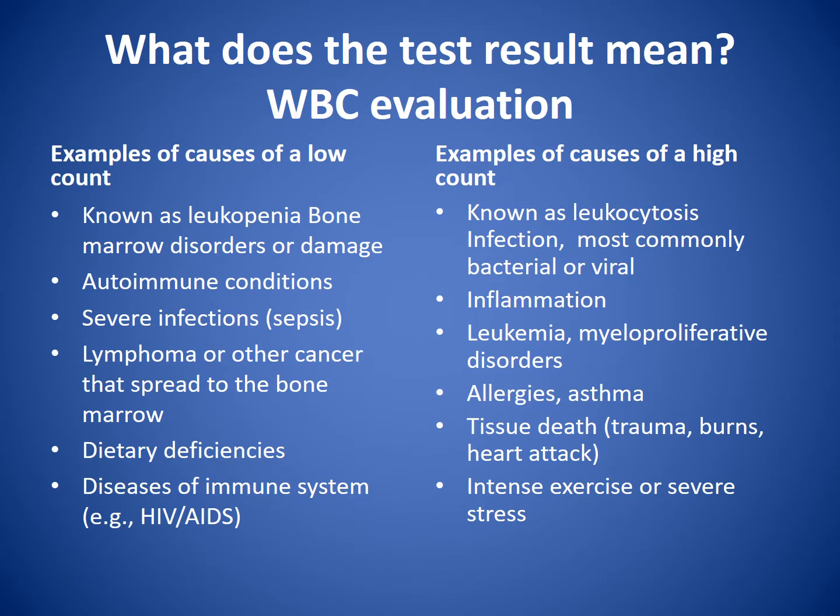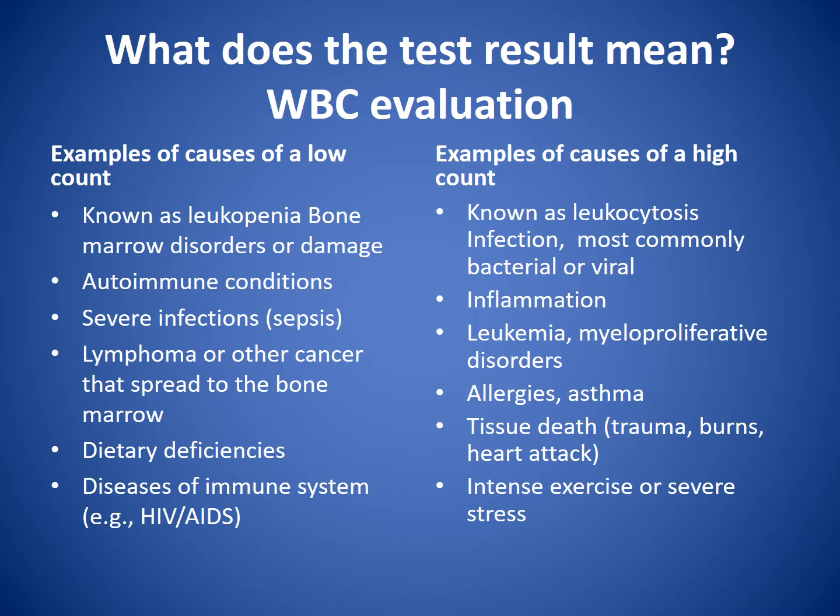So what does it mean if I have a white cell elevation? Well, it can mean a number of things. So examples of low counts are to your left and high counts are to your right. That low count, we start looking at, does this person potentially have some type of bone marrow suppression? Could they have a virus occurring? Is it an immune problem? Do they have sepsis? On the right, is it a leukocytosis?